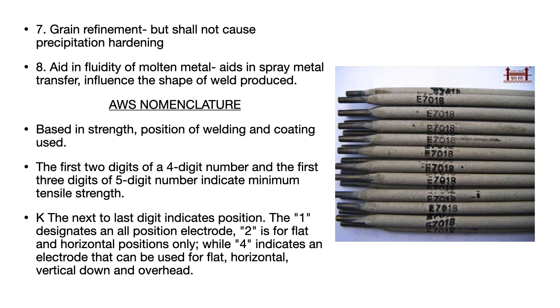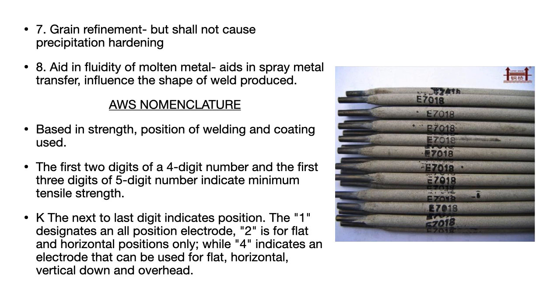For metal arc welding or manual metal arc welding, it basically consists of four digits after the letter E. The first two digits, in this case 70, represent the minimum tensile strength produced in the weld, because the electrode produces a weldment, and the weldment shall have a minimum tensile strength of 70,000 ksi.